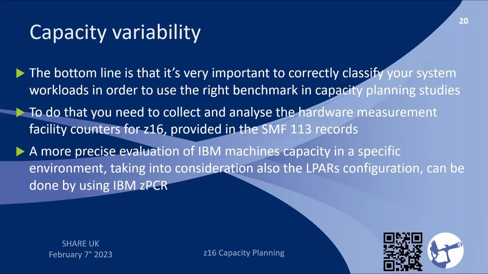So again, the bottom line is very important: classify your system workloads, your configuration, your weights. You really have to spend some time thinking about the best configuration that you can design and use it, because you can have advantages.